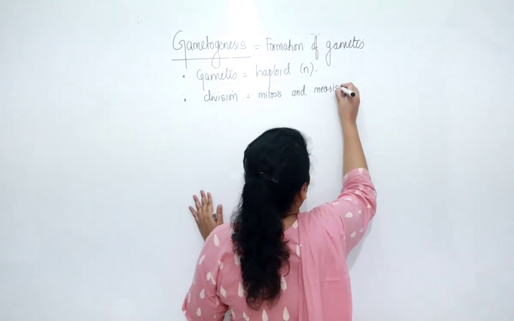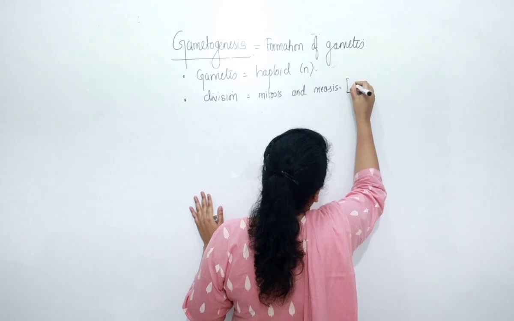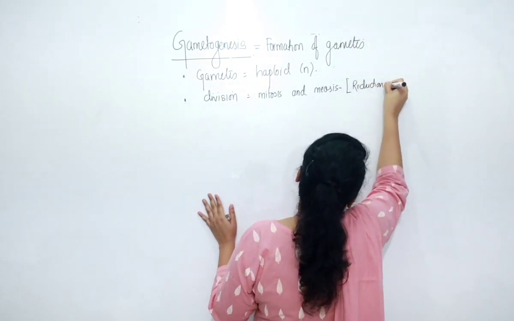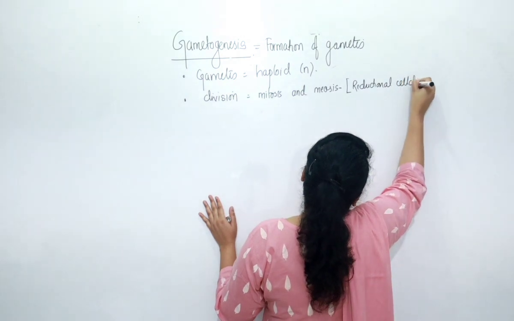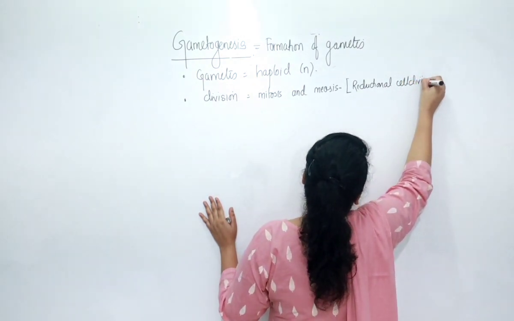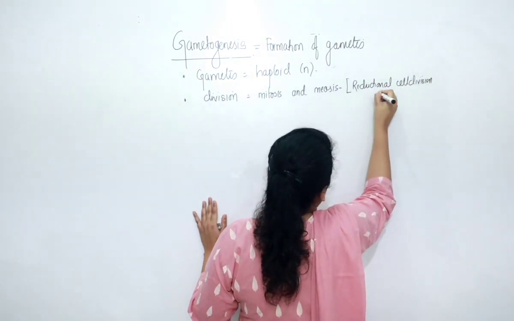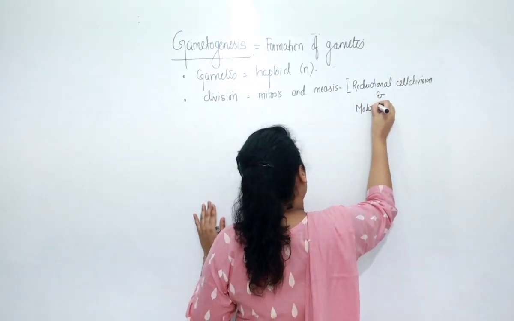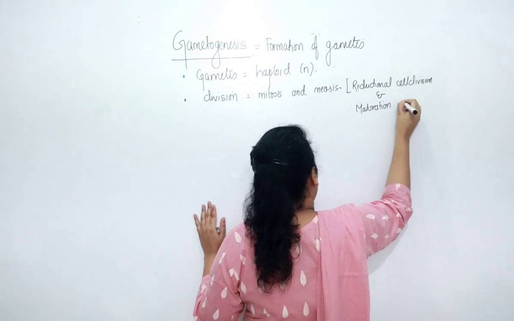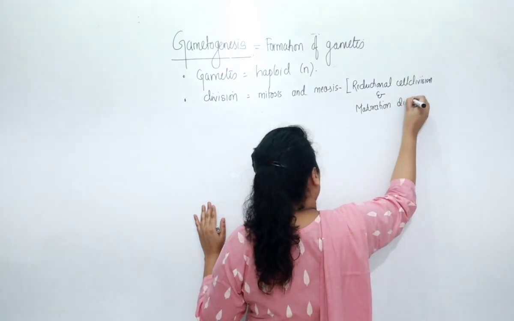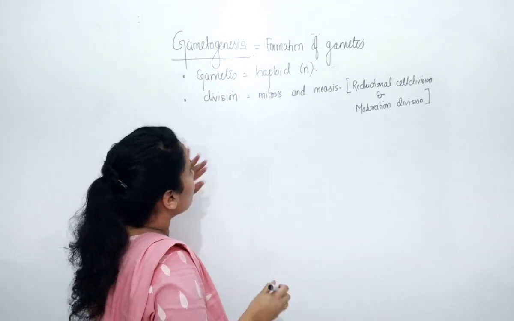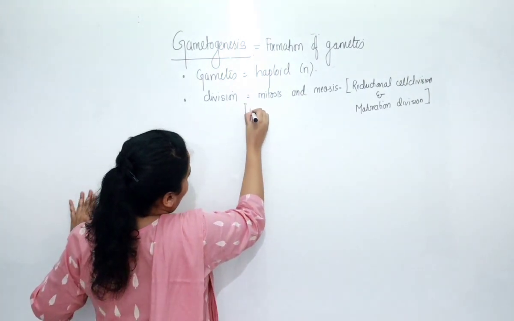Meiosis is a reductional cell division, and as far as gametes are concerned, it is also called maturation phase or maturation division. Whereas here it is known as equational cell division.